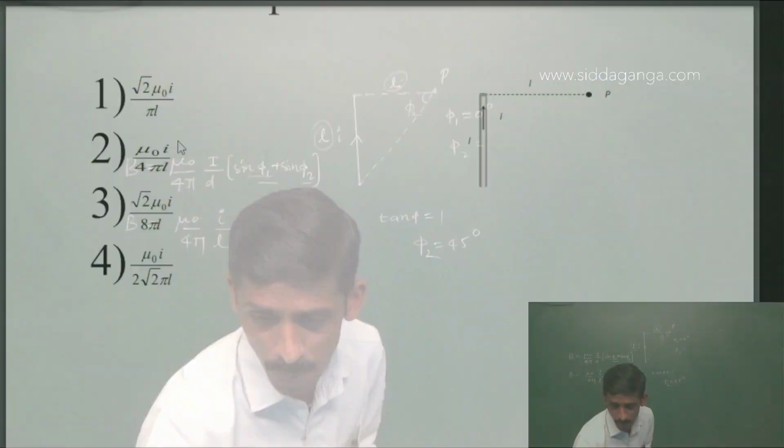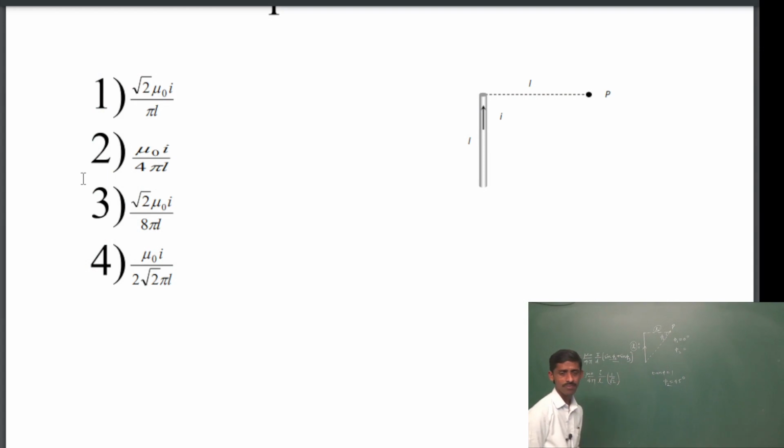But if you see the options, that option is not there. Mu naught I by 4 pi L into 1 by root 2 is not there. If you see the options clearly, in the numerator mu naught I is there, but in the denominator the value is changed. So think a little: divide and multiply by root 2.